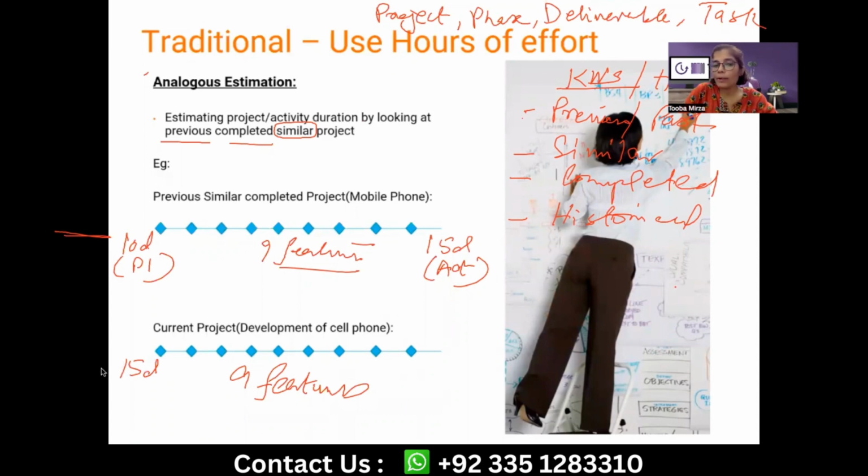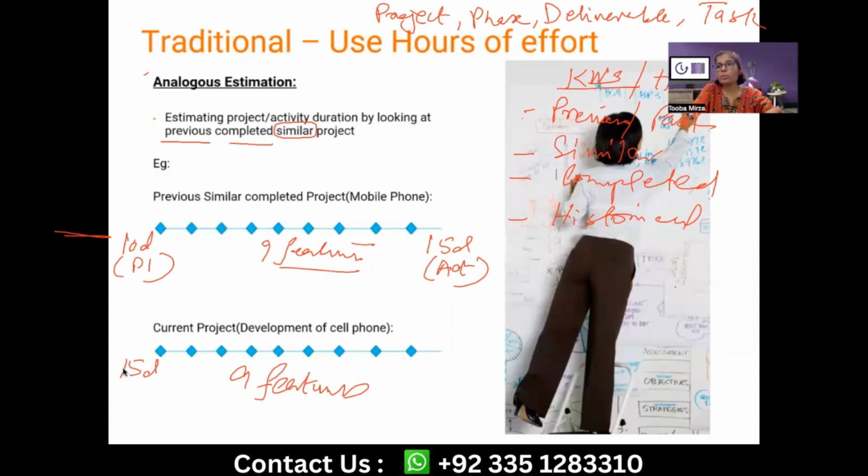Otherwise, what's the point of learning from the previous project team? If you are again going to make it 10 days, then what have you really learned from the previous project team's mistakes? Nothing. They have made a mistake, and you are going to make the same mistake.